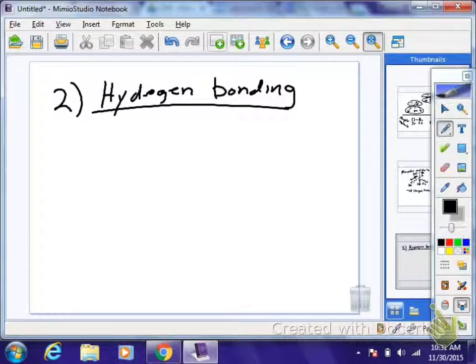Okay? So what's needed is hydrogen is bonded to, that's not the hydrogen bond though. Okay? For this hydrogen bonding to occur, hydrogen has to be bonded to one of 3 elements.